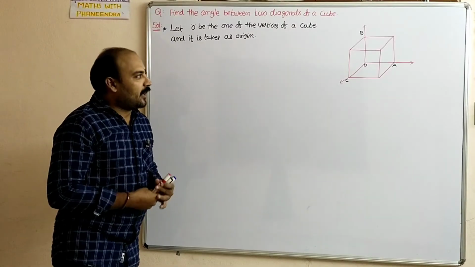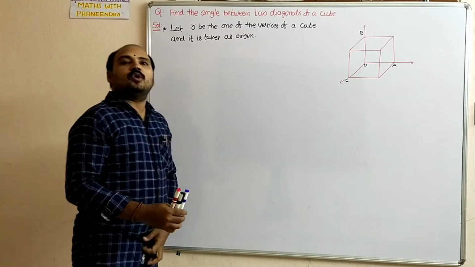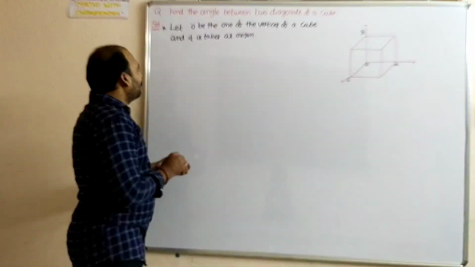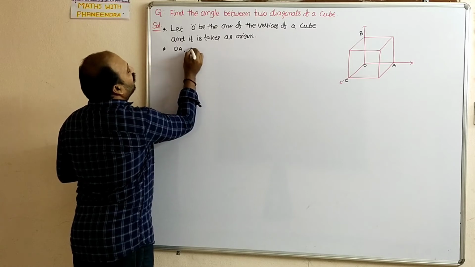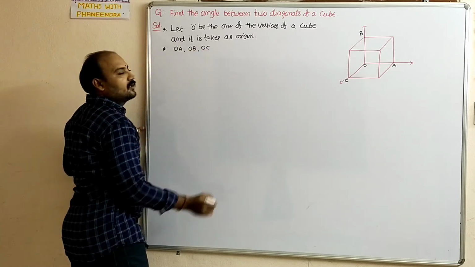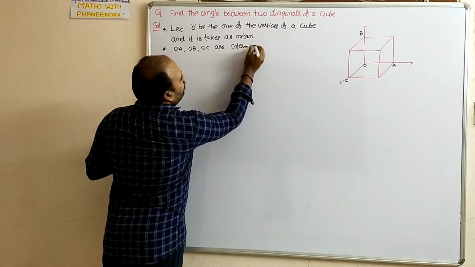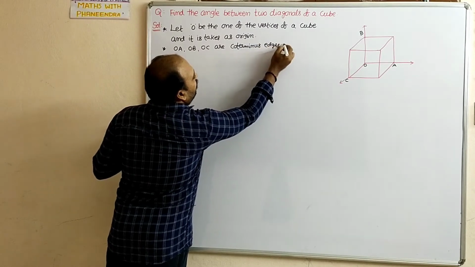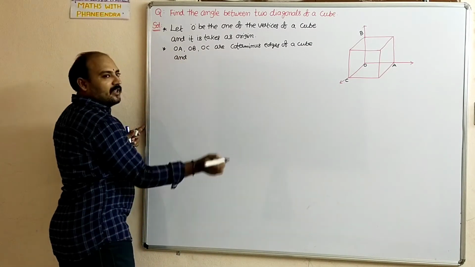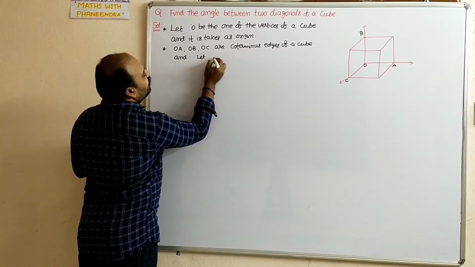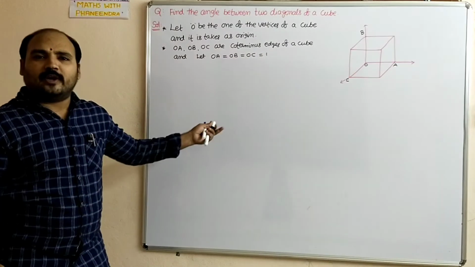OA, OB, OC are coterminous edges of a cube, and we are assuming that OA equal to OB equal to OC equal to 1 unit.